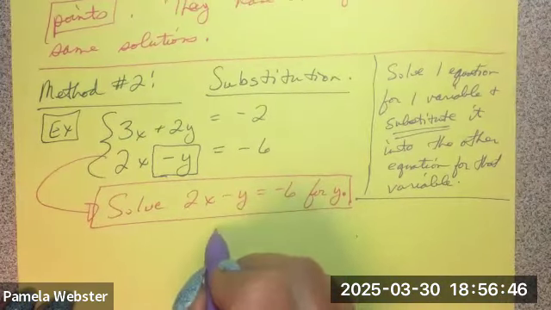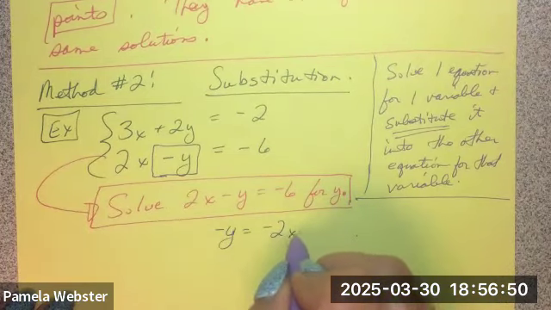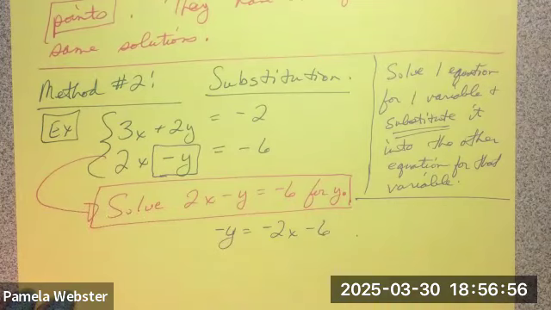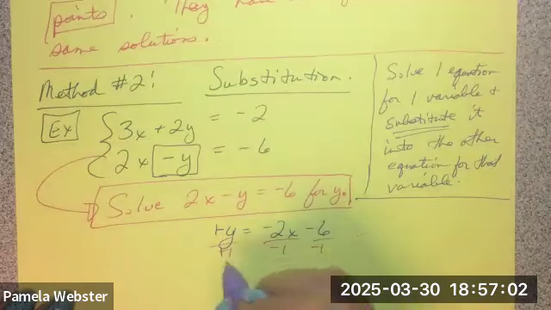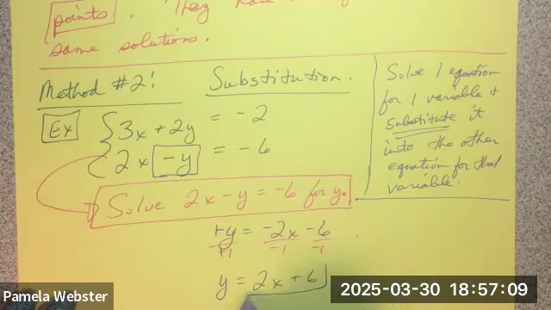So I'm going to get the y by itself. So minus y equals, I'm going to subtract off the 2x, -2x minus 6. And then I've got the y equals, but it's got a negative out in front of it. So I need to divide by -1. And I'm going to divide everything by -1. It kind of works out nicely here because everything was negative. So y equals 2x plus 6.